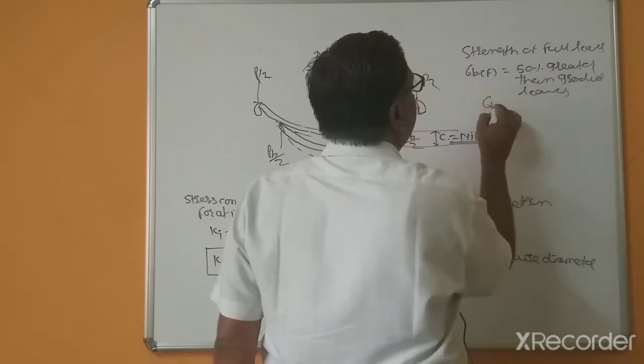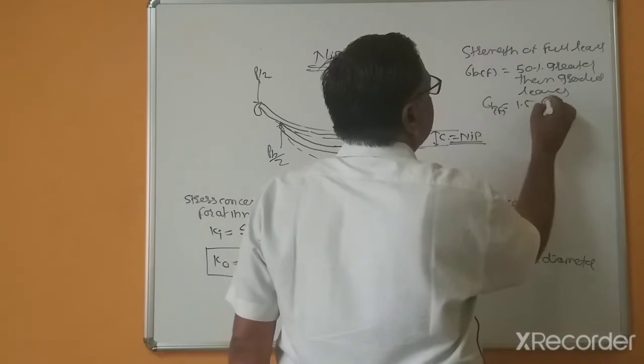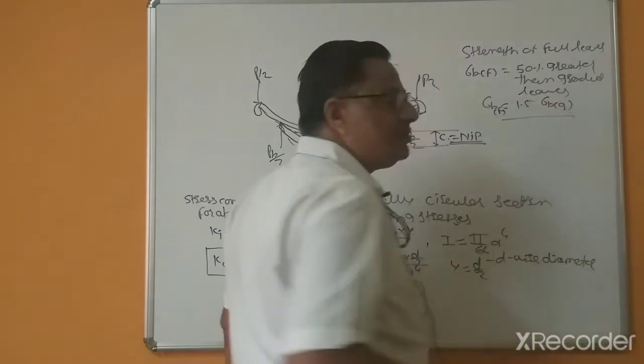So sigma b is 1.5 times for the full leaves, and this is greater than sigma b for the graduated leaf.